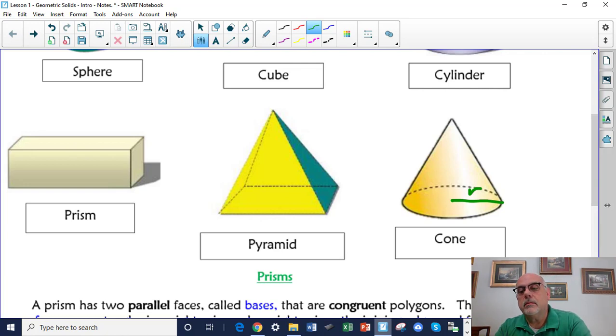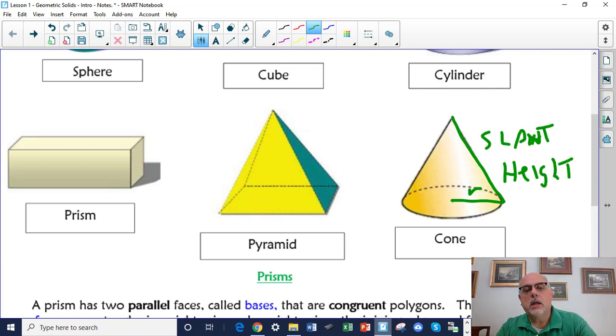This here is called the slant height. The same thing here in a pyramid. Let me go back to here. From the point to the top of the pyramid, it intersects the square base right in the middle of the base, okay? So you have a height, right?